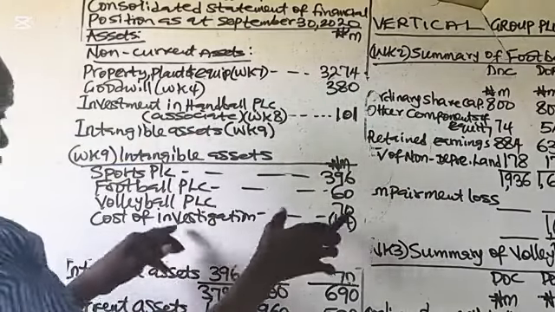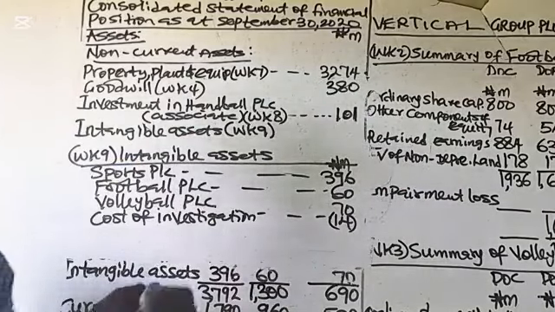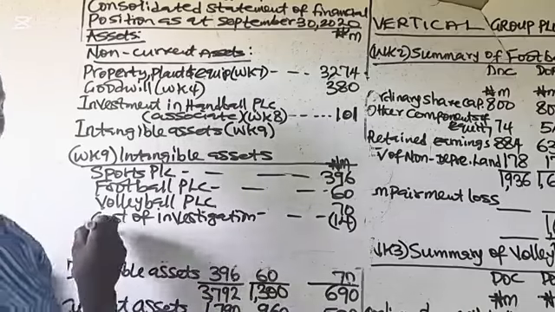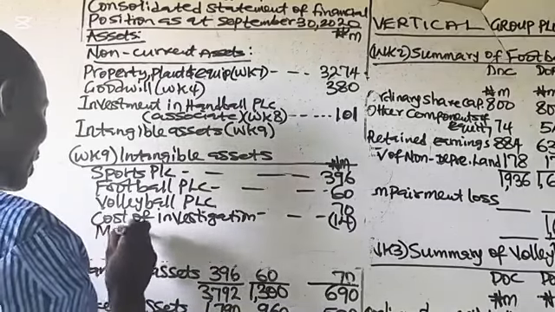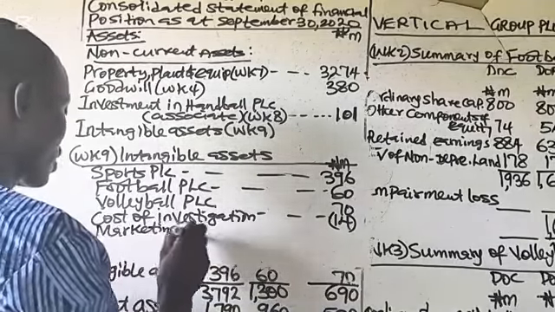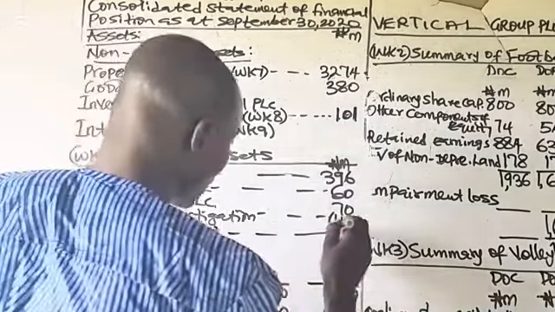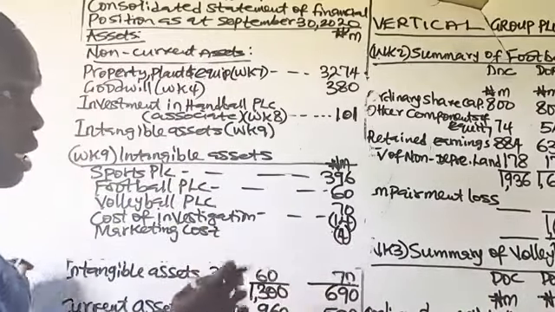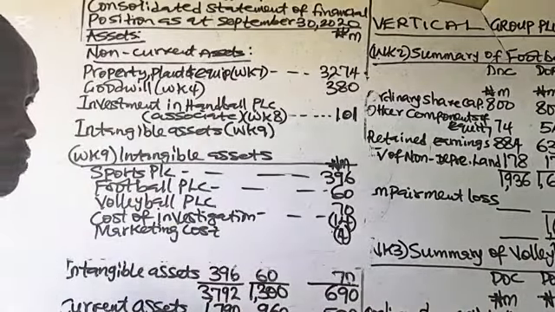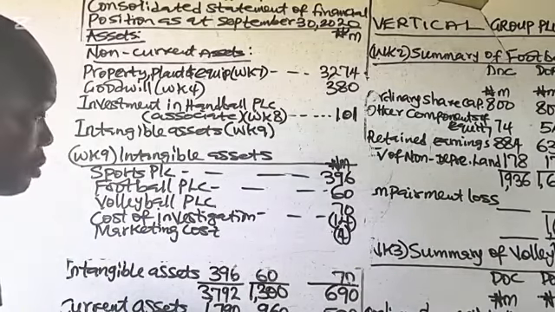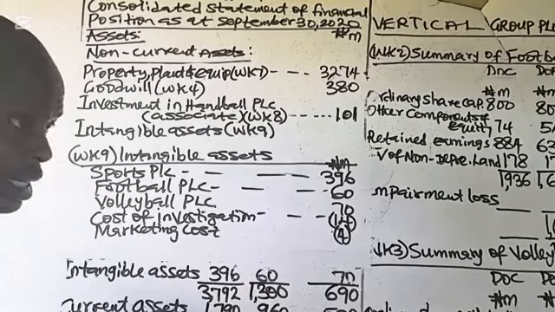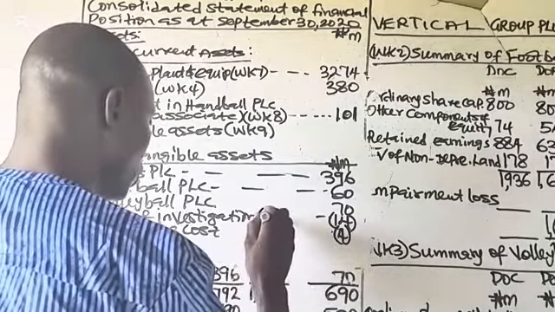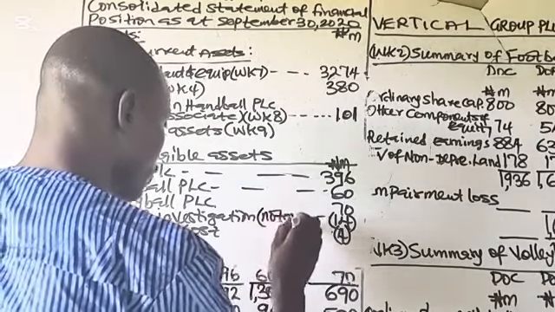That means the same amount will be charged as an expense. We are crediting the intangible asset because it has been included in intangible asset. Then we also have marketing cost of 4 million that does not meet the criteria in accordance with IAS 38. So all this information was obtained from note 4.